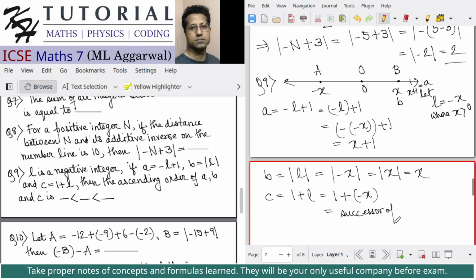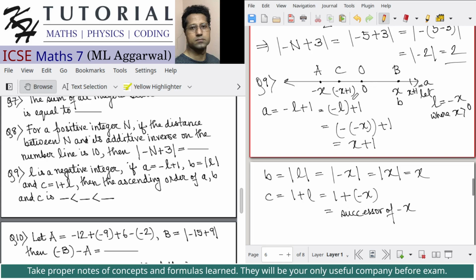So this point will be minus x plus 1. Let's say this point is marked by the letter C.